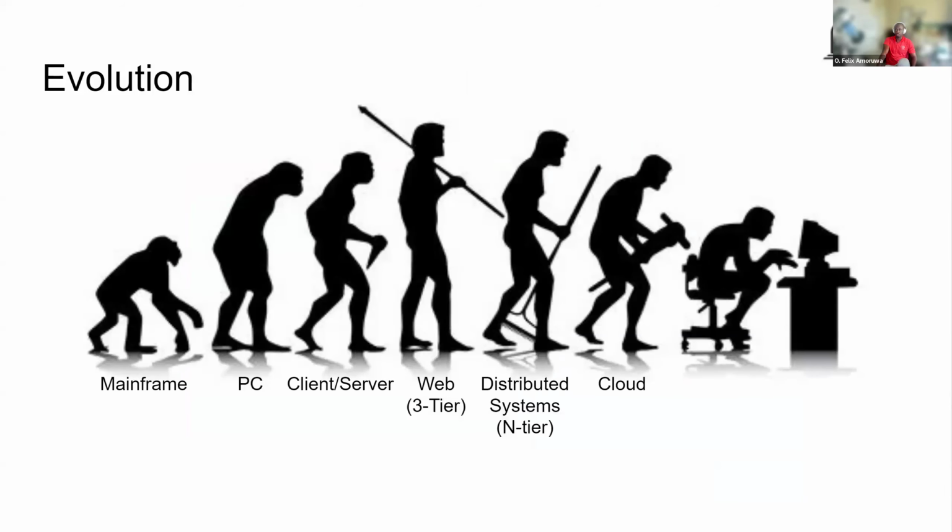So looking at that evolution, you have the mainframe, the PC, the personal computer, and then client-server interactions, which were led by companies like IBM, three-tier web-based applications that led to distributed systems that have then led to cloud offerings such as Google and Amazon.